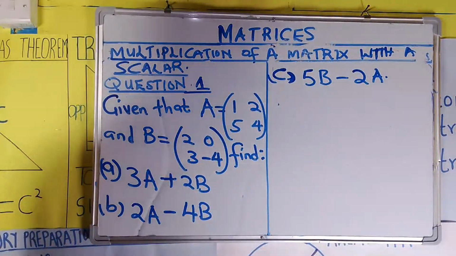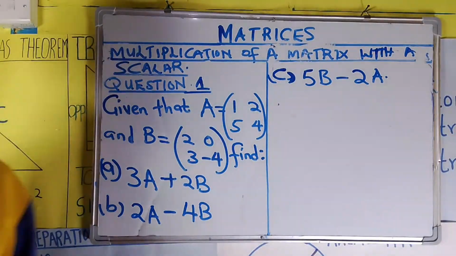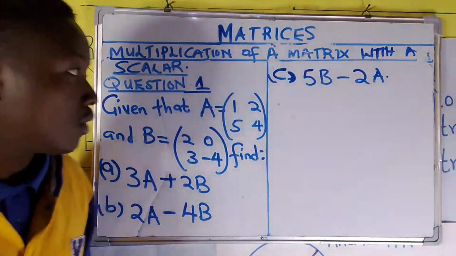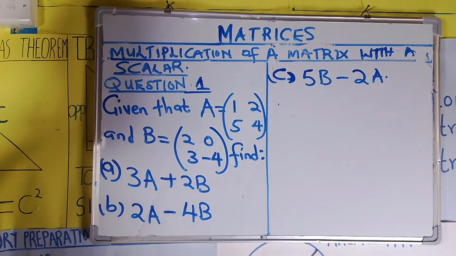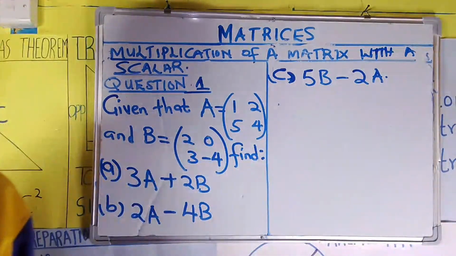I want us to solve those questions. How do we solve those questions? So I'm going to do the first question, A, and you are going to do B and C.